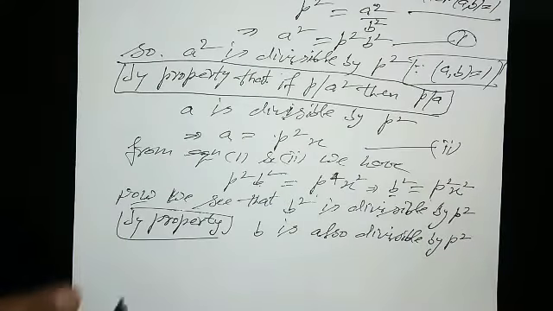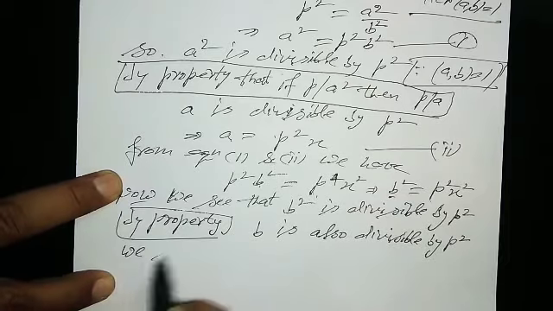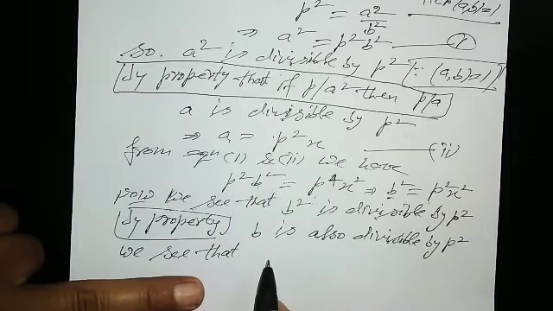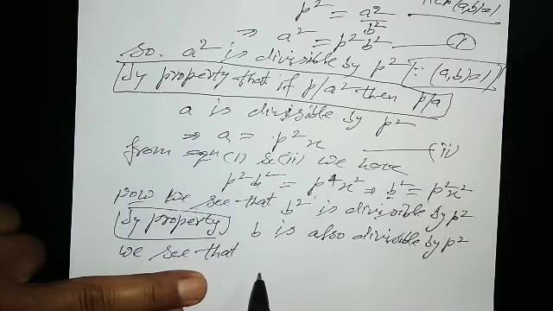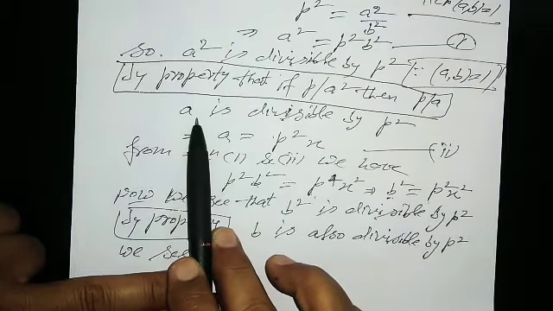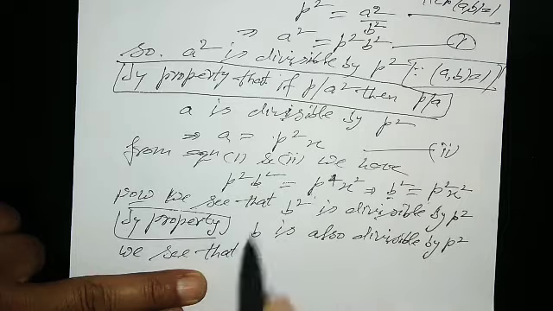So what we see? We see that this p is a common factor of a and b.